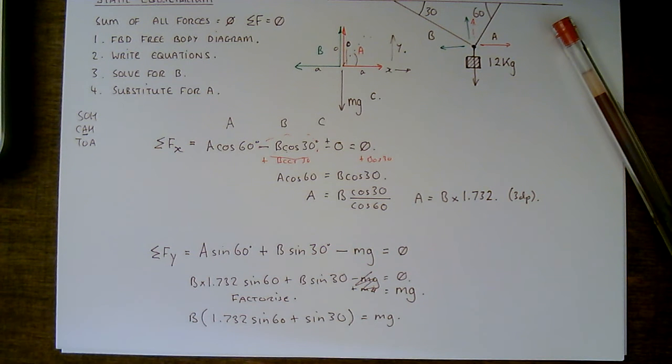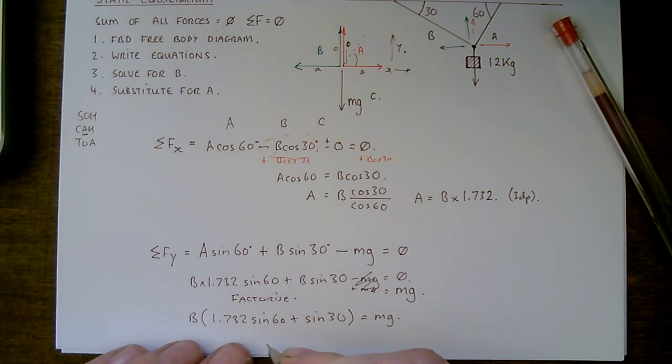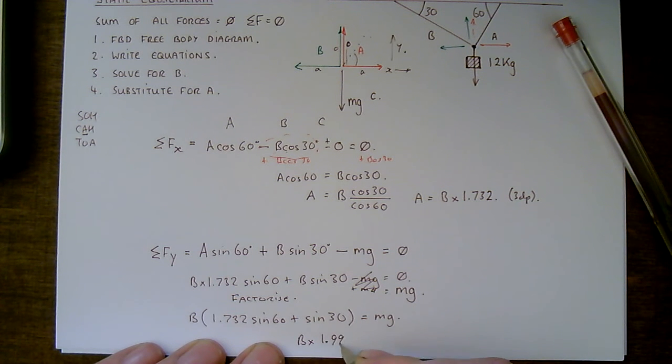So if we start putting some numbers into this, we'd end up with B times 1.999 is equal to, this is going to be 12 times 9.8, so that will be equal to 117.6.